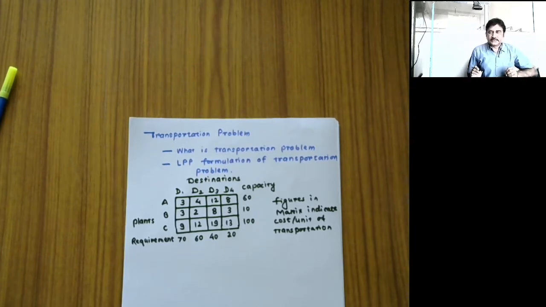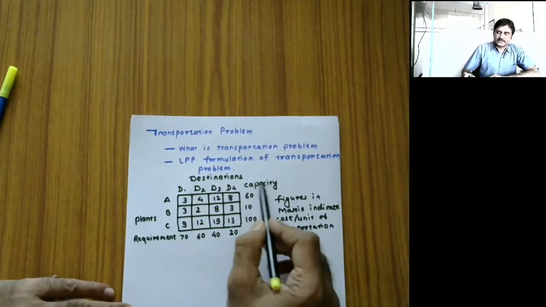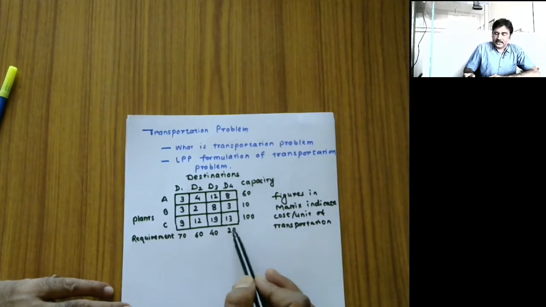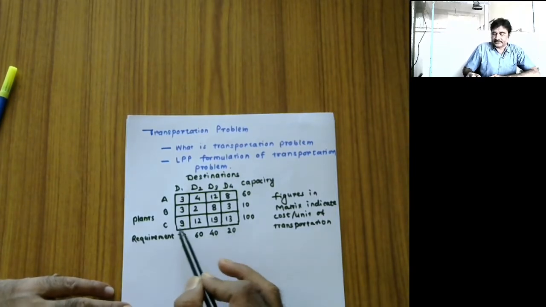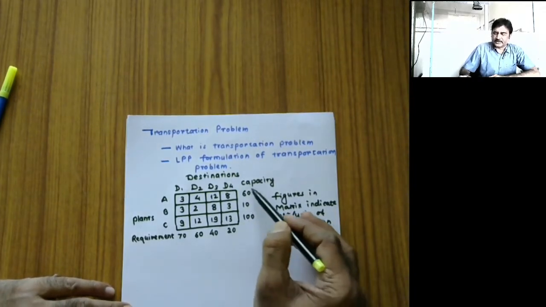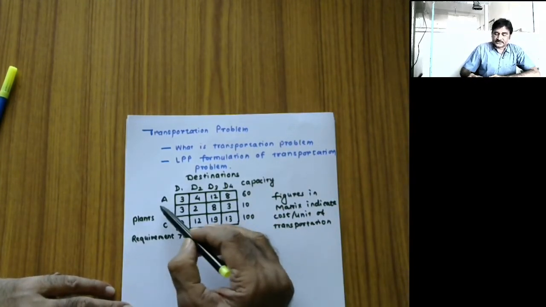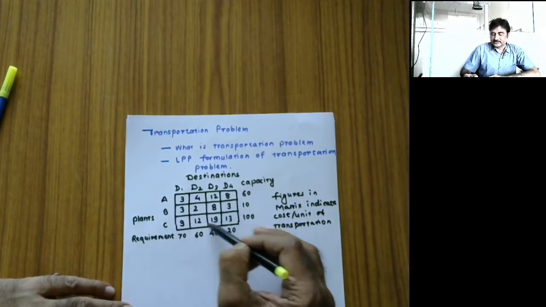Even though I am calling this problem a transportation problem and referring to a transportation situation only, it's not that this kind of problem is helpful only in transportation situations. Anything which can be structured into this format, where there is something to be written here, something to be written here, here something like a requirement, here something like capacity, may not be exactly capacity, and at the intersection of the plant and destination there is something.